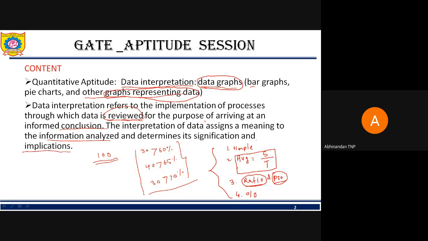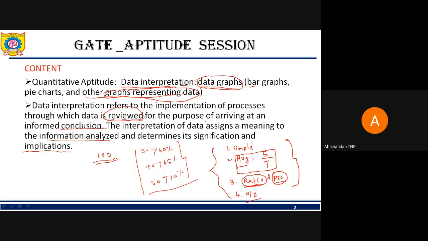Hopefully you are very good in, or you should have at least basic knowledge of, these mathematical tools, and it will be helpful for your simplification if you know the formulas or the basic concepts related to average, ratio, proportional, and percentage.